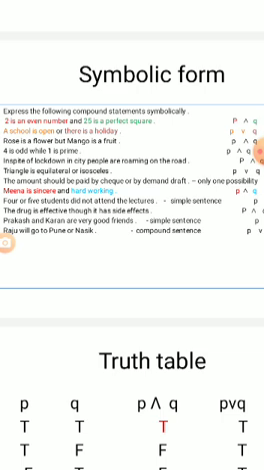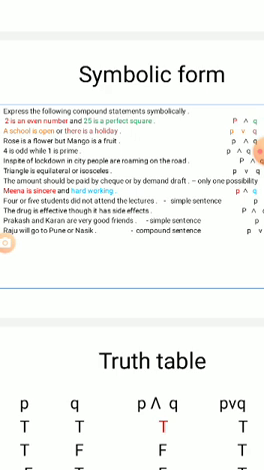One is P and the other is Q. So how many possibilities we have for P and Q? Here either both may be true, both may be false, or one of them may be true and the other may be false. So depending upon these possibilities, we have four possibilities.